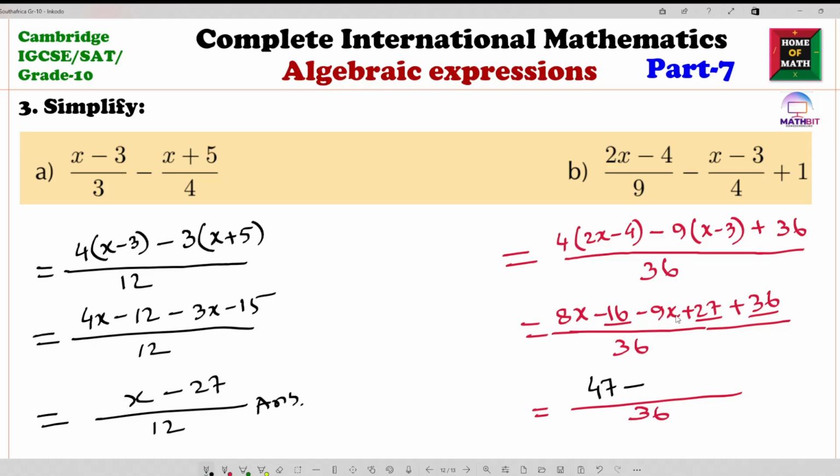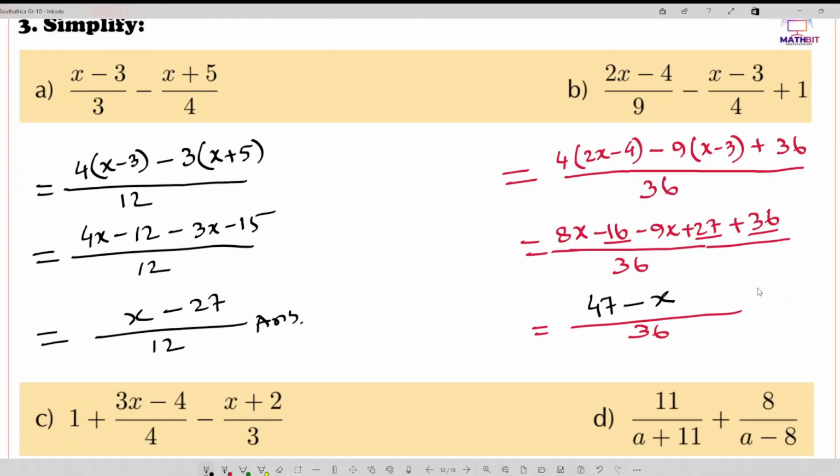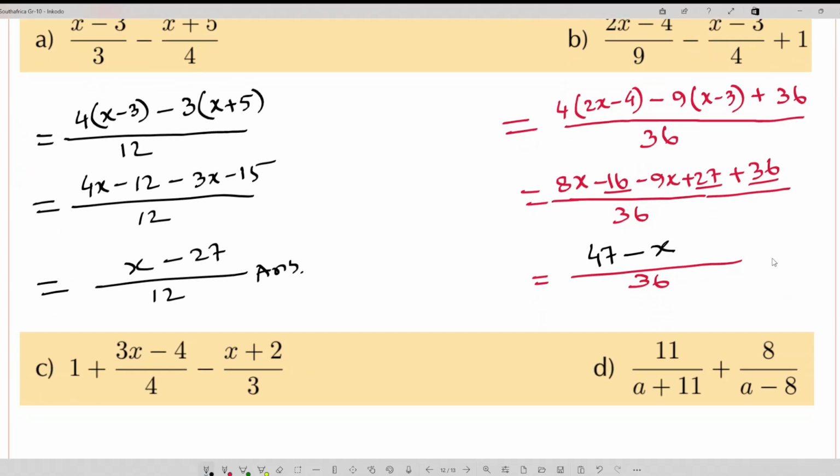Minus 9x plus 8x means only minus x. So this is our answer: (47 minus x) divided by 36.